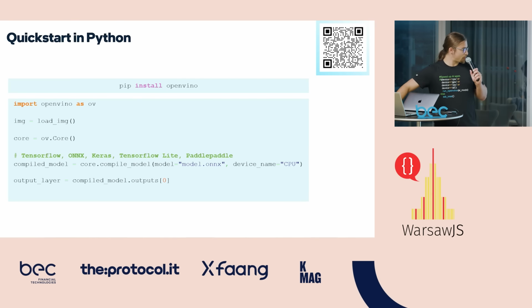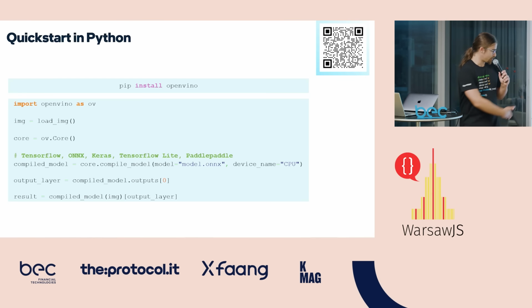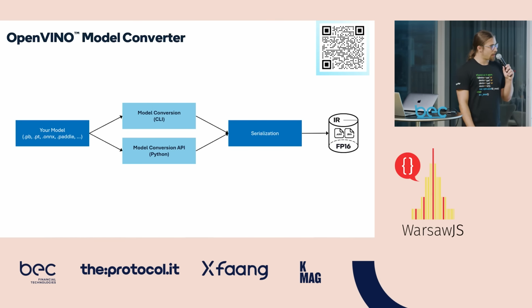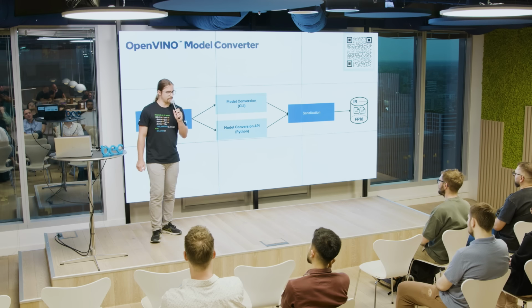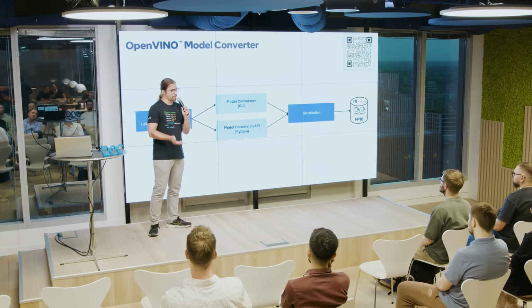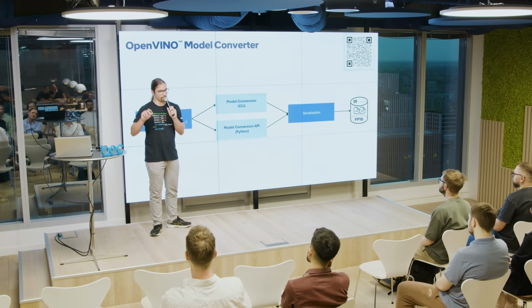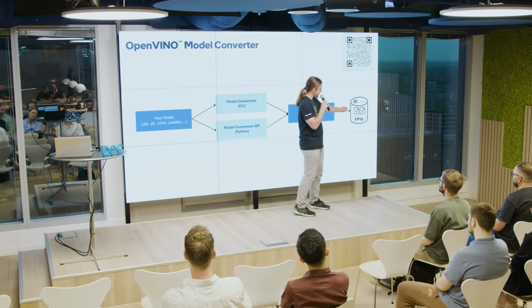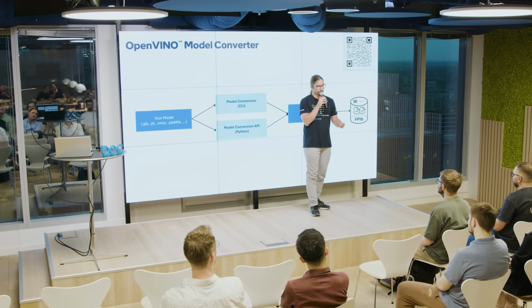We define the output layer because sometimes there are a few outputs, and we get the result by running the inference. So OpenVINO models are in a different format than other frameworks. For example, in PyTorch, we have a .pt format. OpenVINO has the IR format, which consists of two files.